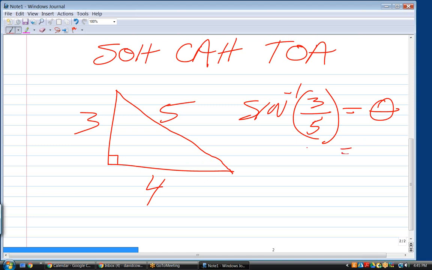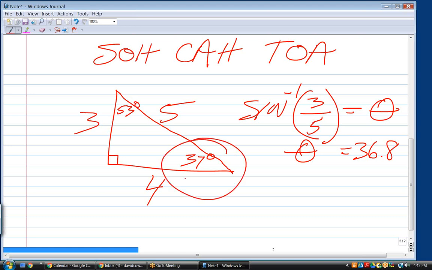Okay, theta is equal to 36.86. I round it off typically. That's a 37-degree angle, and that's a 53-degree angle. So, even though nobody has told you about that angle, we have been able to solve for it based on the sides.